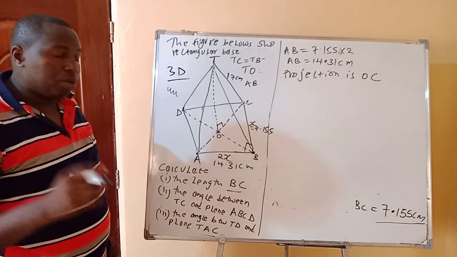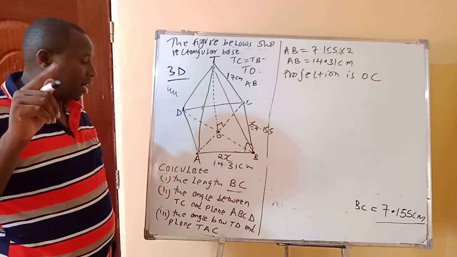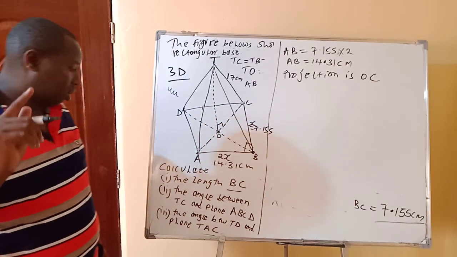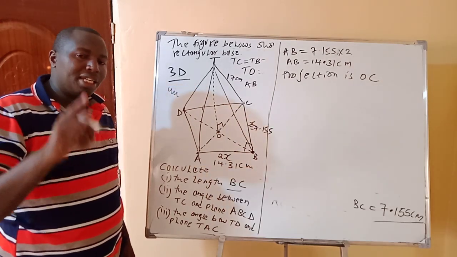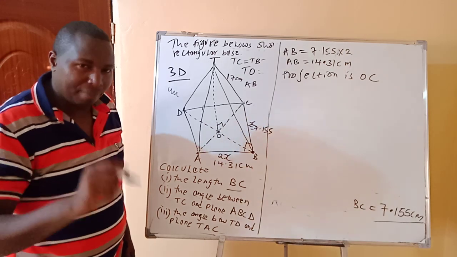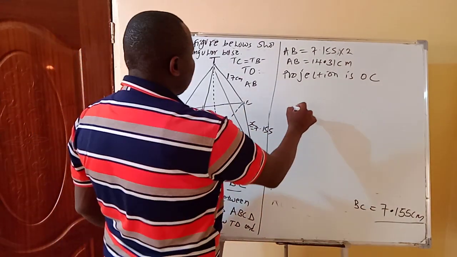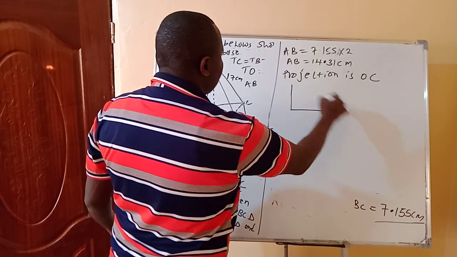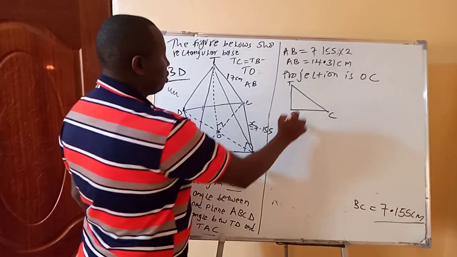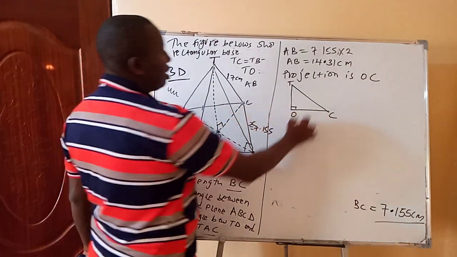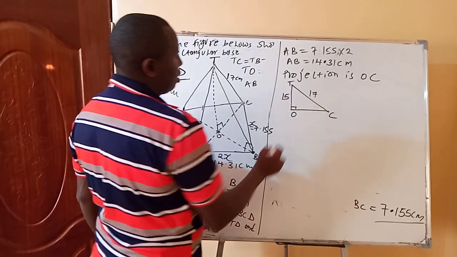So when you want to calculate the angle between a line and a plane, it is the angle between the line and its projection on the plane. Because we have identified our projection as OC, you draw this right angle triangle from T, O, and C. This angle is 90 degrees, and the slant edge is 17. The height TO we were given as 15 centimeters.